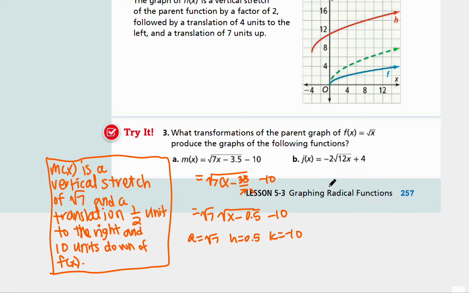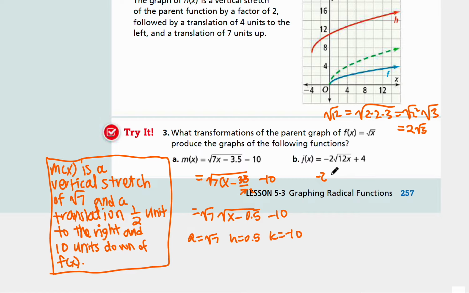Let's look at part B. This is not in the form of a root x minus h and then plus k. So we're going to separate the radicand and factor it out. So negative 2 root 12 really is root 2 times 3, so this is really root 2 squared times root 3, and so this is really 2 root 3.